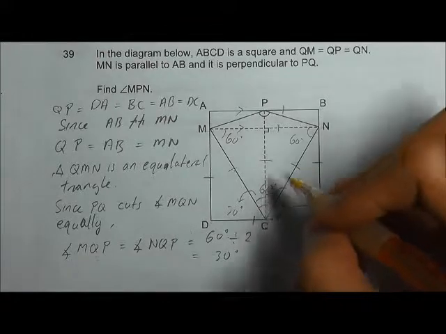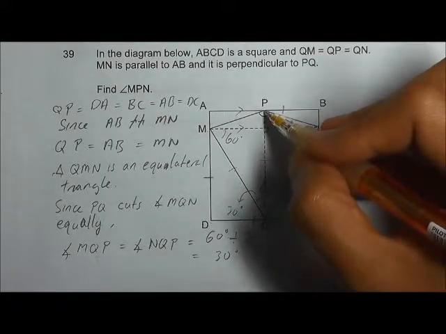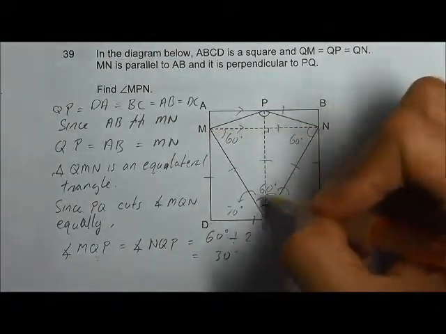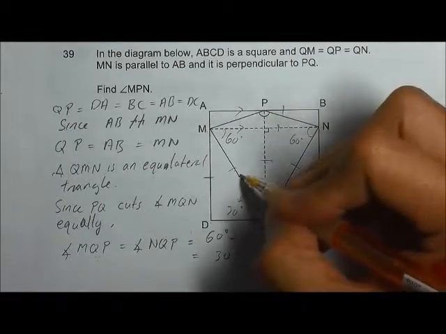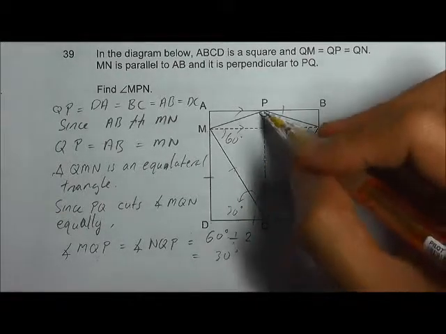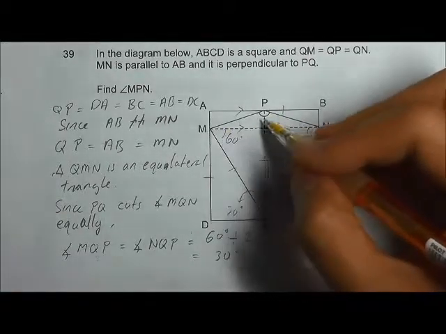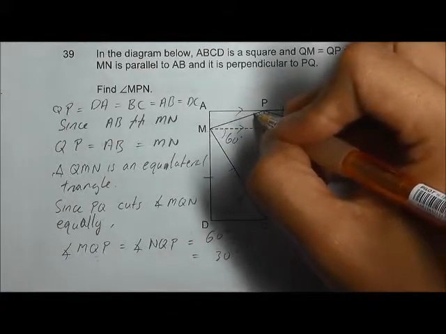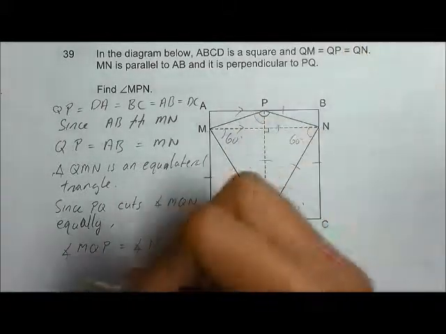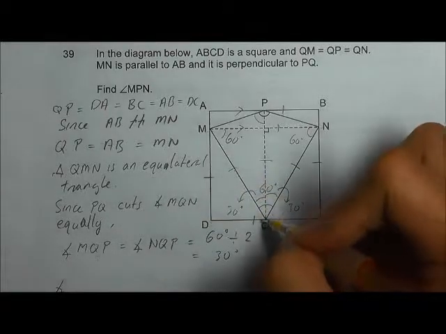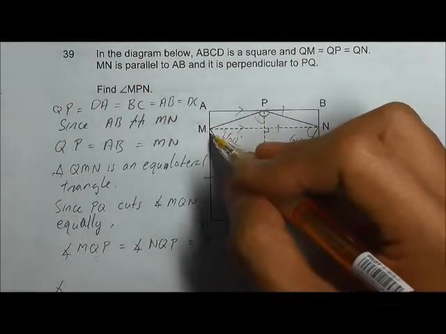Okay, so next we look at triangle PMQ. It's an isosceles triangle, so the base angles are equal. So we can find out what is angle QPM.